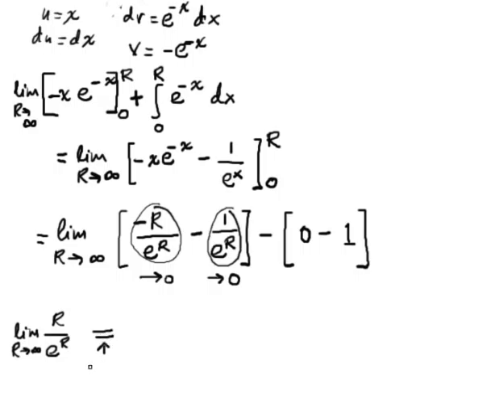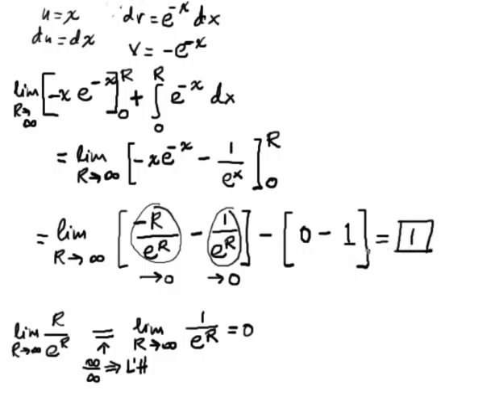This is infinity over infinity, so we can use L'Hopital's. The derivative of the top is 1 and the derivative of the bottom is e to the r, and that's equal to 0. So this goes to 0. The first set of brackets, both terms go to 0, and here we have minus minus 1, which is 1. So this integral converges, and it converges to 1.